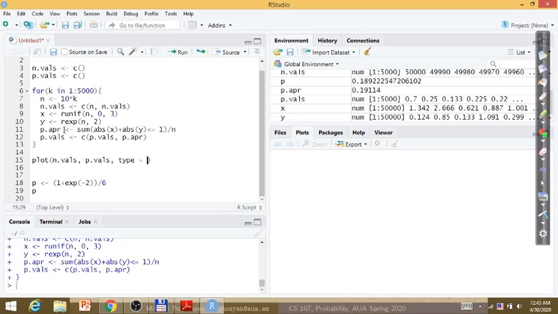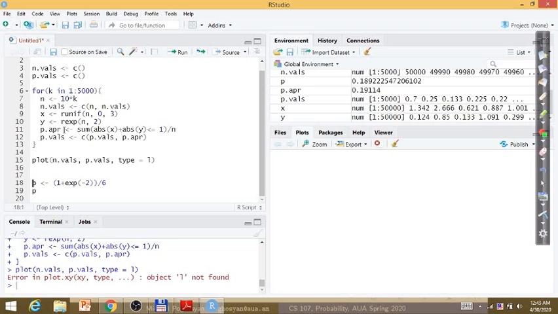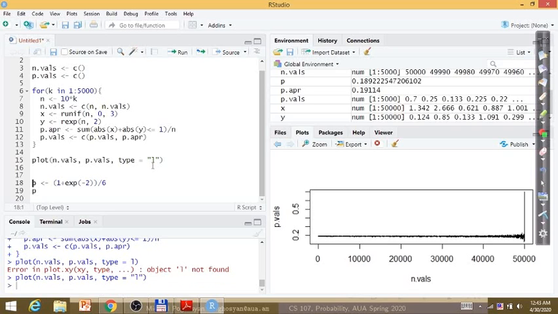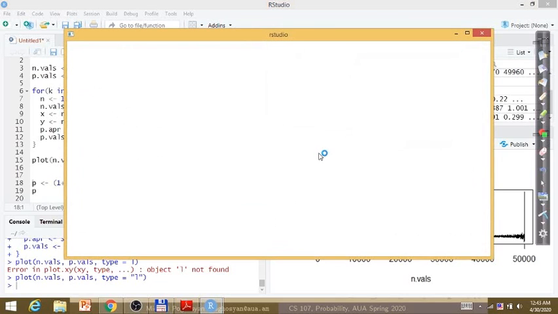Join with lines. I need to write it in this way, and run that again. Well, this kind of picture. See what is happening.